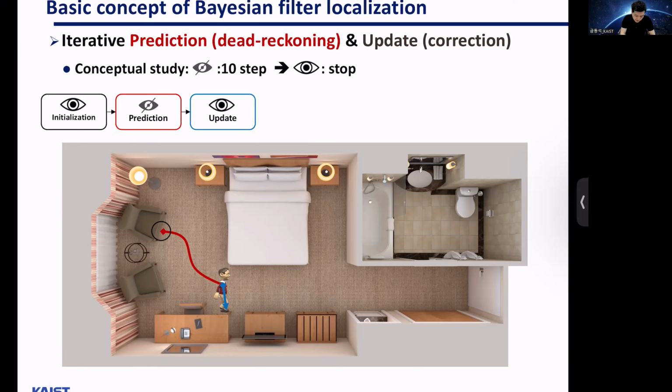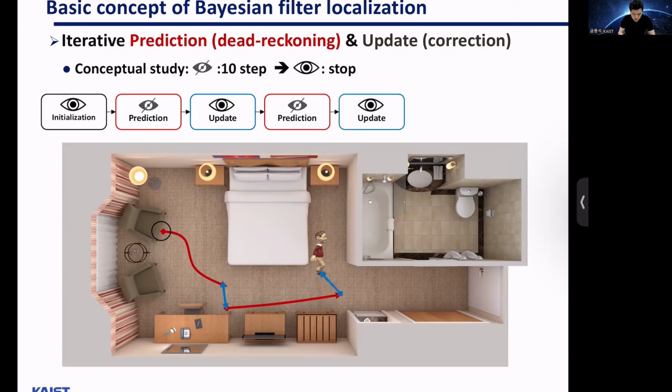It turns out that you have some error from the prediction model, and then you use the motion model again to predict your next position, and based on the sensor input, you're going to update, and then you're going to repeat this process. Okay. So this is the basic concept of the Bayesian filter applied to the localization problem.